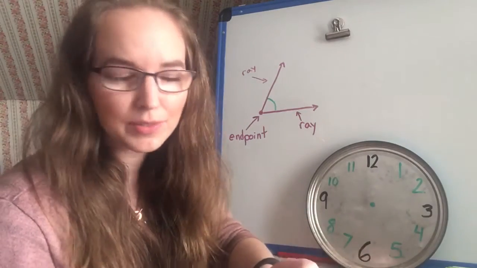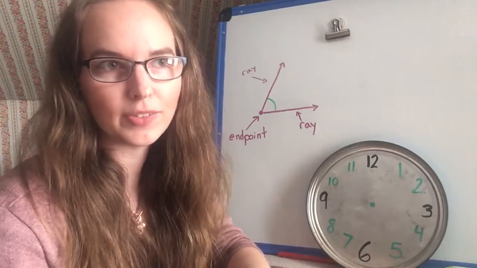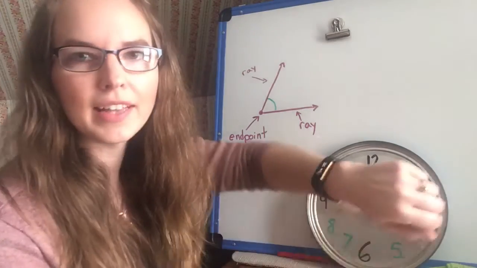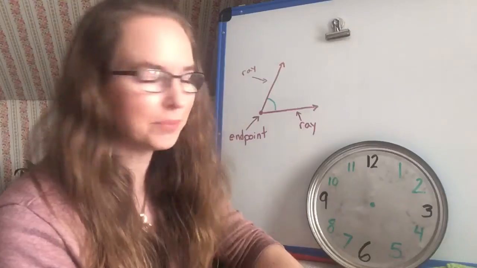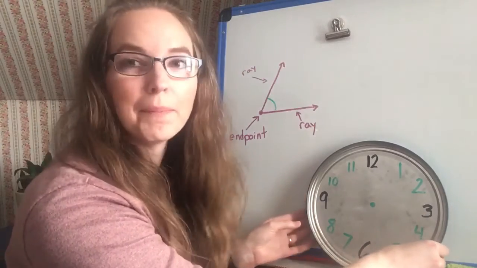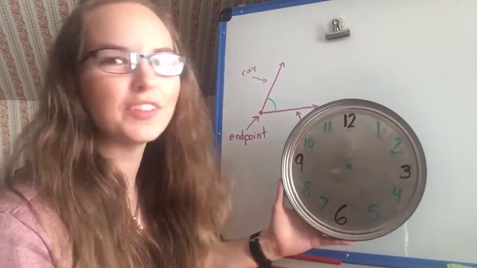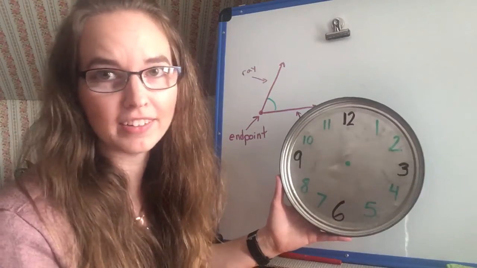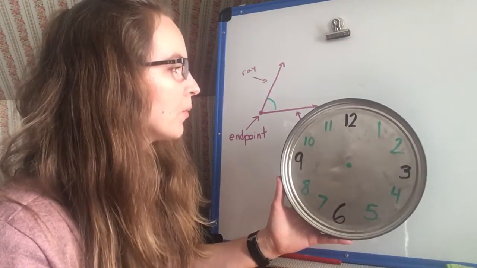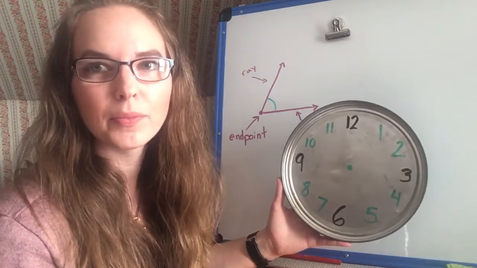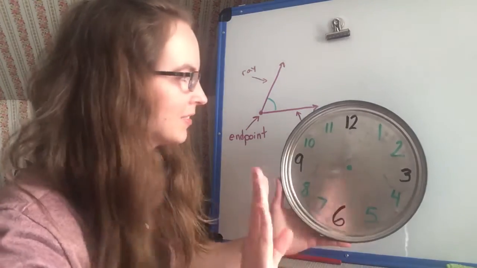Now I was trying to find a clock to use for this lesson, and I realized a lot of what I have is now digital. And I didn't grab one from my classroom at school, so I made one. So if you look at this fake clock, we measure time with the different angles, okay?